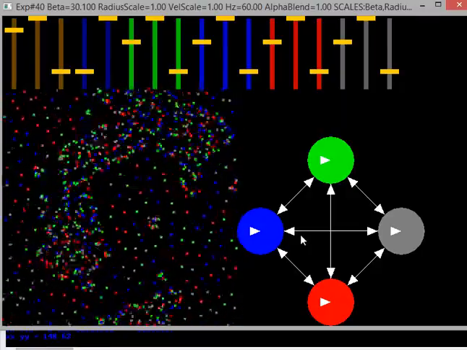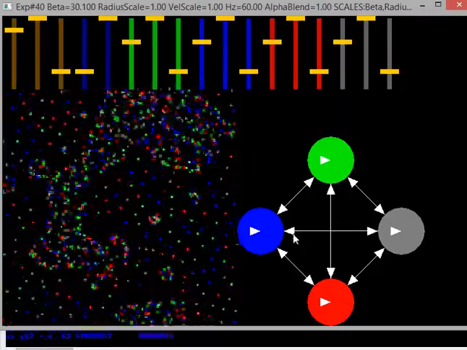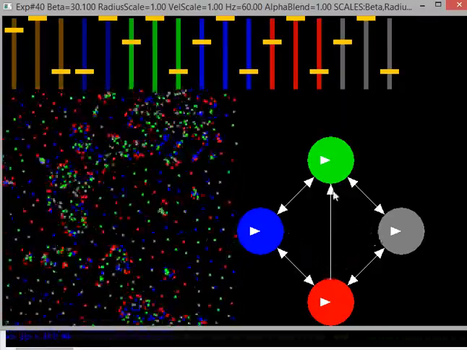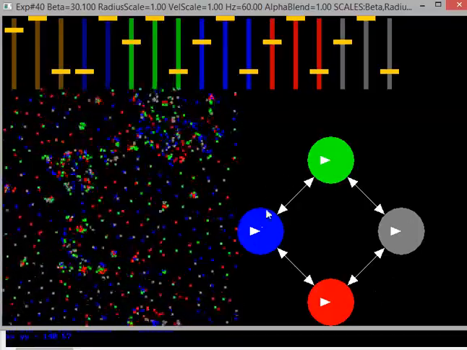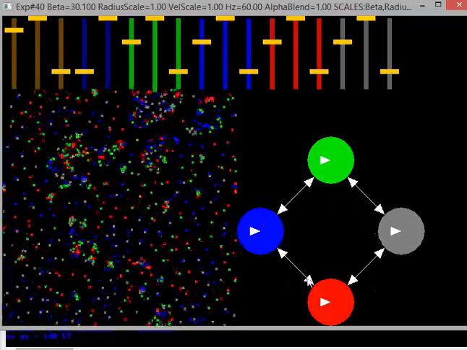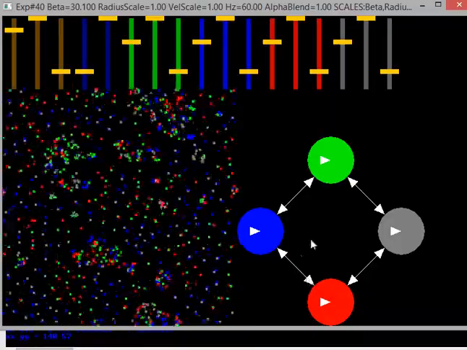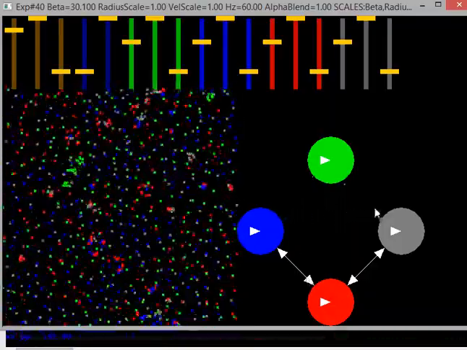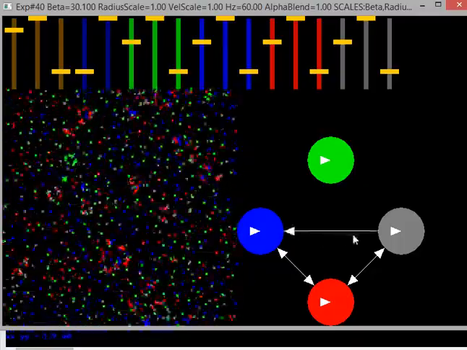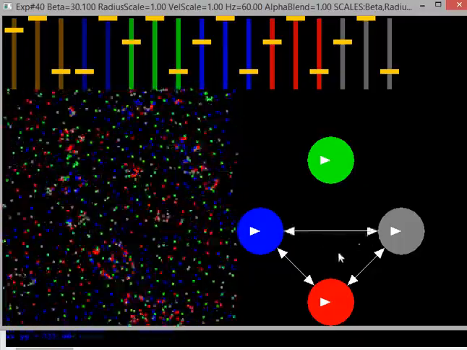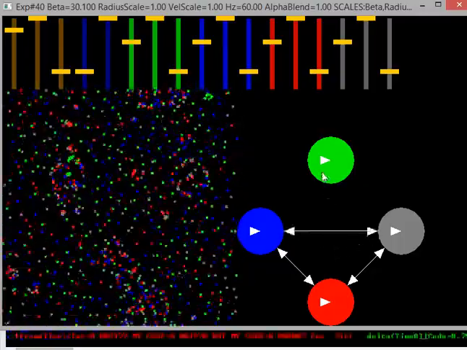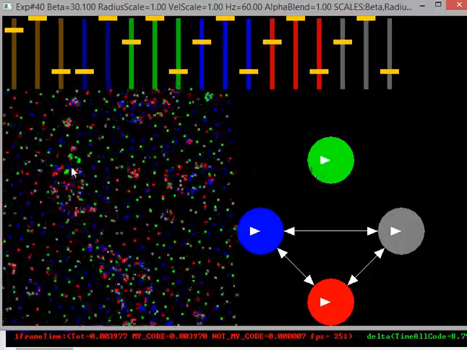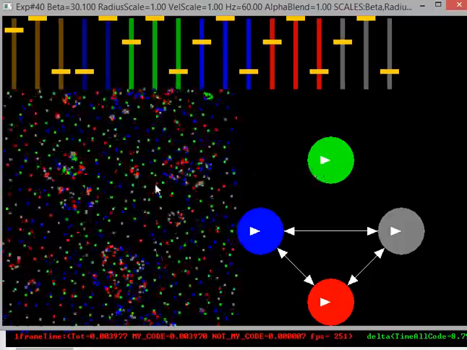Back to normal. Circular loop of seeing. Let's cut out green. Green only sees itself here.